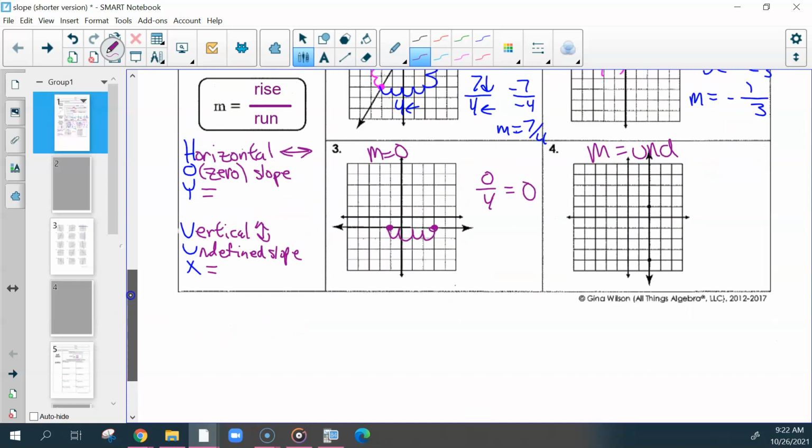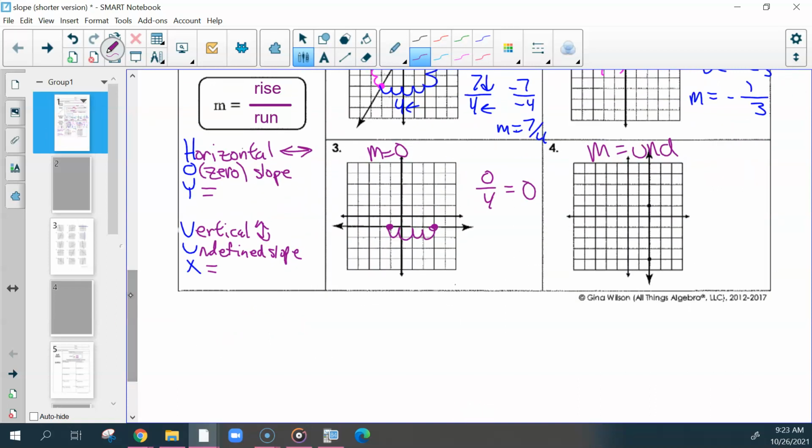If you wanted to do the work just like this one, it's not necessary. But you do have a vertical change here. I can say I'm going down 5. But I'm not moving left or right, so this is going to give me an undefined.